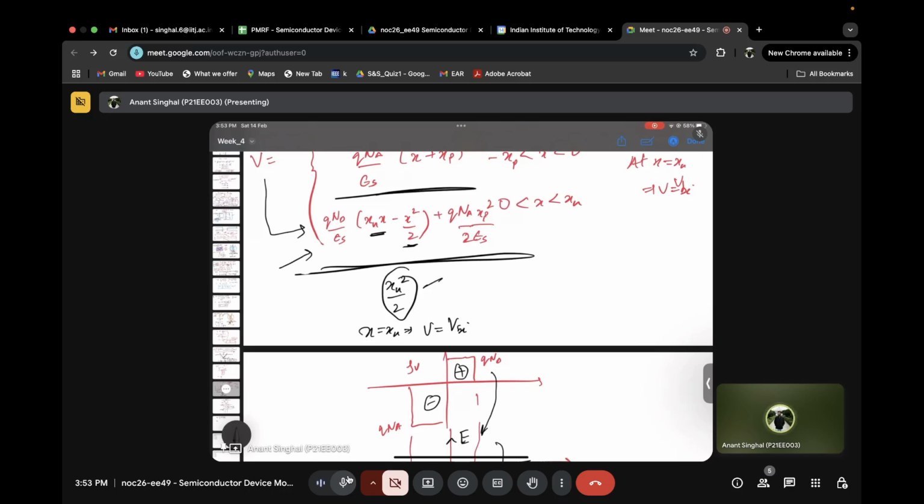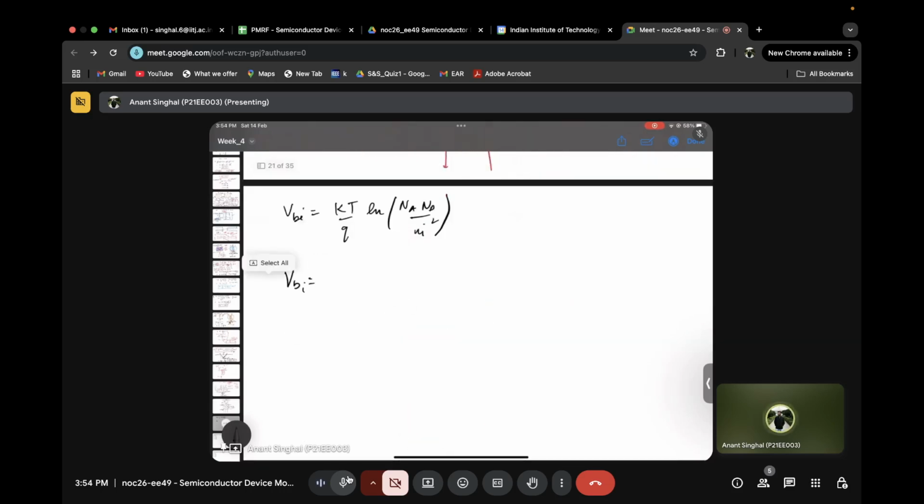So that would be xn square by 2. So if I try to write, it would be q by 2 epsilon s. So 2 taken outside, it will be ND xn square plus NA xp square. So this will be the term that will come out.